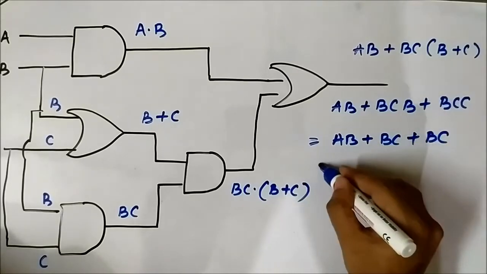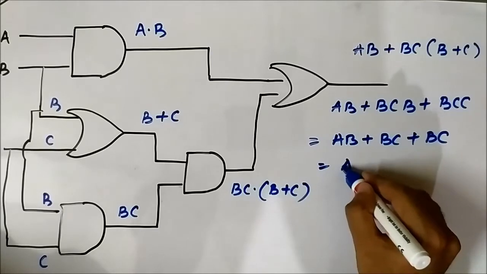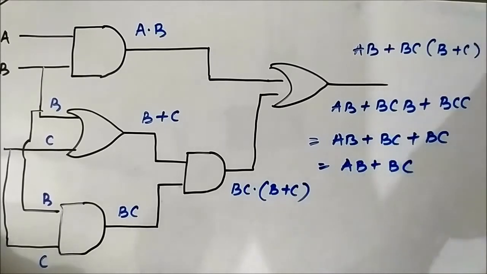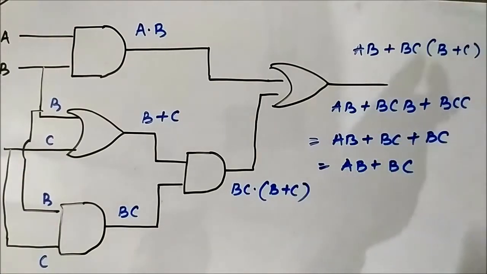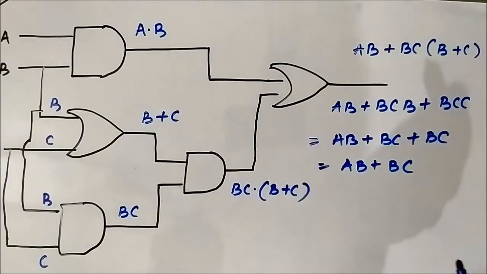And again here BC or BC will result in BC. So it will be AB or BC. So the final output, we have just simplified it. This is the output of this logic circuit. This is the fourth question.